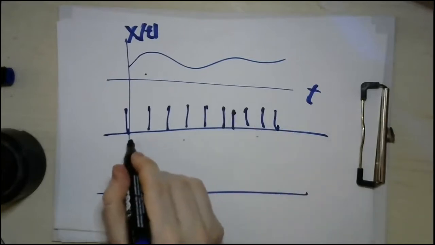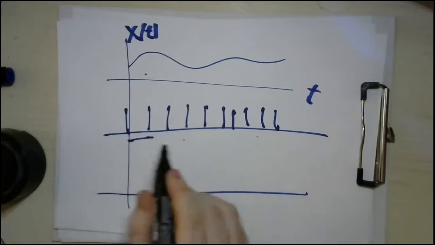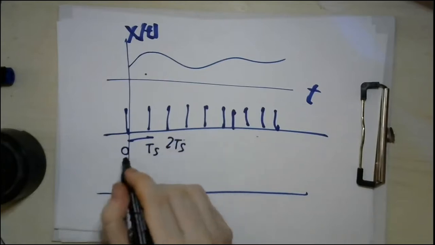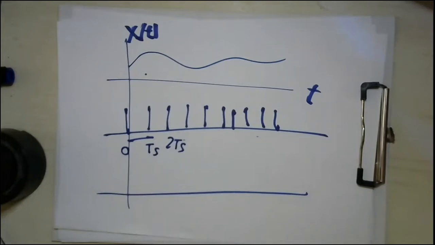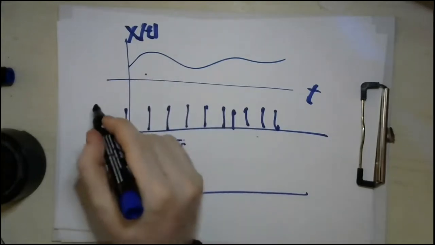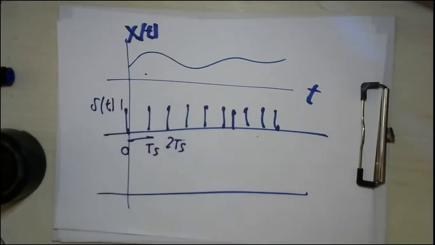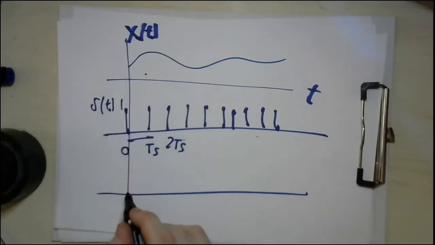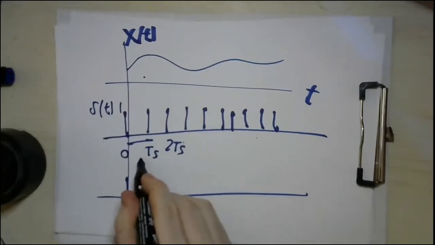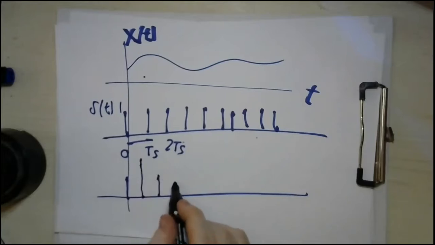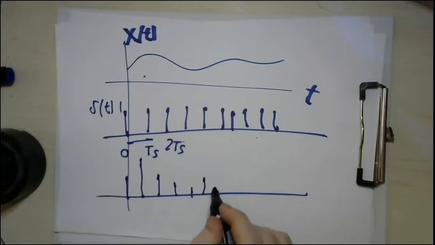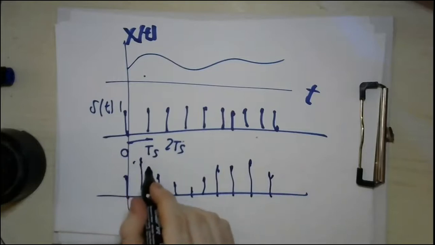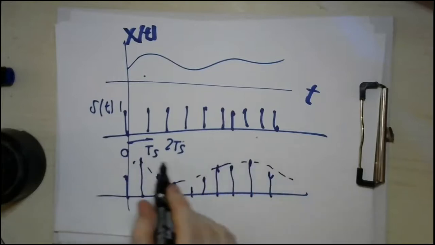Of course, they should be equally spaced, and my drawing is not so good, so they should be equally spaced. So we call this 0, for example, TS, 2TS, and so on, where TS is the sampling time. By doing this multiplication, of course, all these delta Diracs have an amplitude of 1. So by doing this simple multiplication, you will get something like that, which is nearly the same shape as the signal.